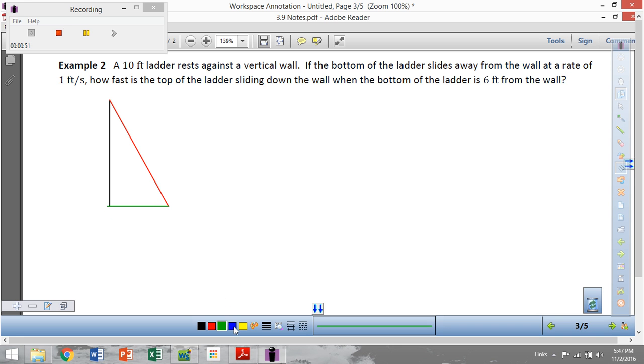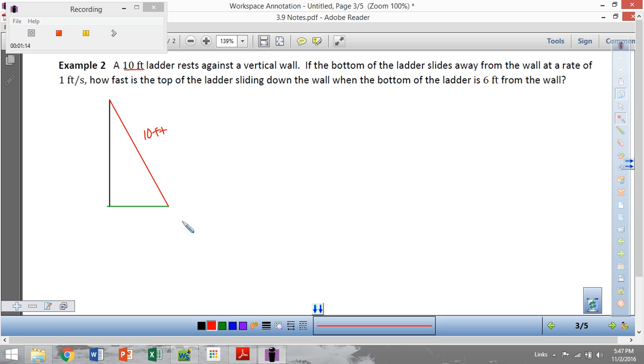Essentially, I know that this is a 10-foot ladder. This ladder will always be 10 feet. What's happening is this ladder is sliding away from the base of the wall, and if it slides this way, it's going to cause the top of the ladder to slide down the wall.